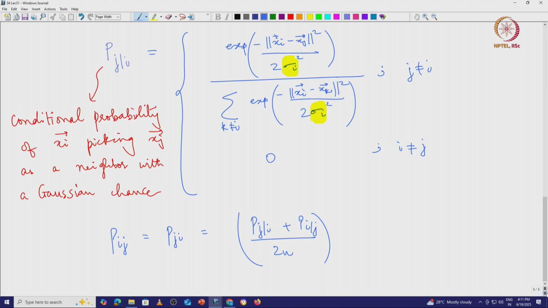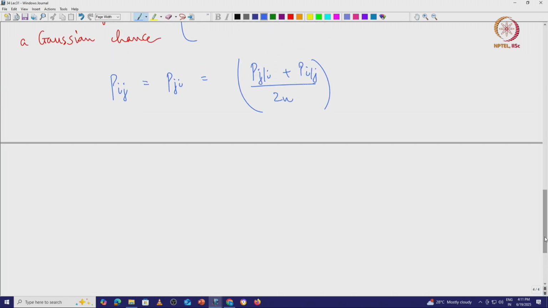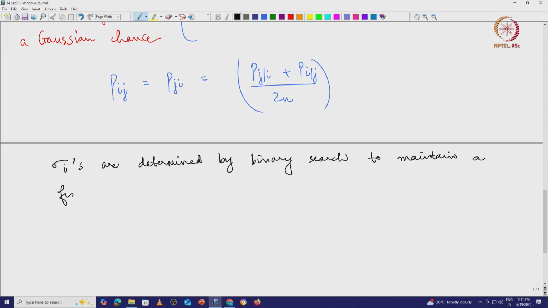So these sigma i's are determined by binary search to maintain a fixed effective number of neighbors, and we will give a little bit more detail about how this can be done.